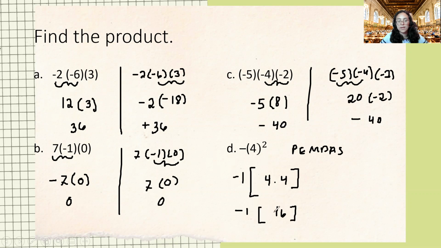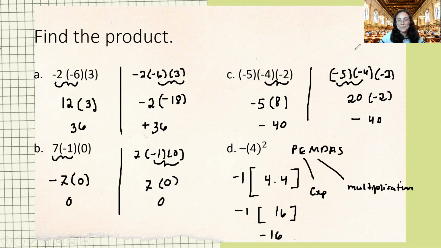And then we multiply -1 times 16, and this will give you -16. And why did we do this? Because we have to follow our order of operations, and exponents are right here. So this is our exponents, and they have a higher priority than multiplication. Okay, so because we have an exponent here, we have to take care of this exponent first inside of the big brackets, and then we can multiply the -1 outside.